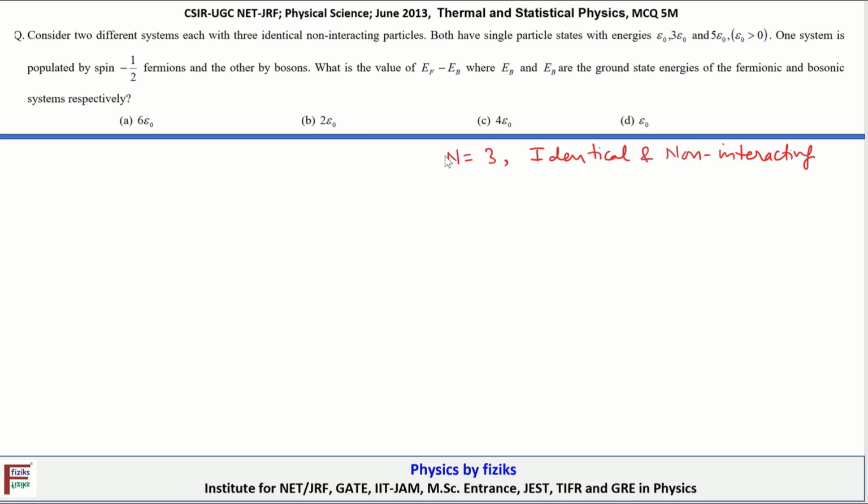Both have single particle states. It's really important to note this point. Single particle states mean that if we are talking about fermions, we cannot accommodate more than one particle here.